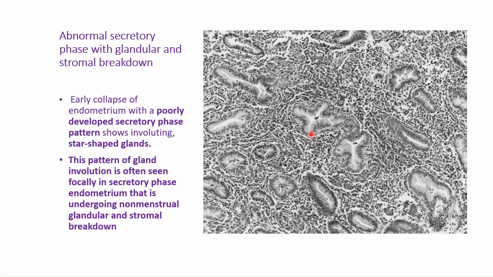So these are the secretory glands showing star-shaped outline, and this is abnormal secretory phase here. Though glands are secretory in phase, the stroma has a dense appearance and little edema compared to the normal secretory phase.